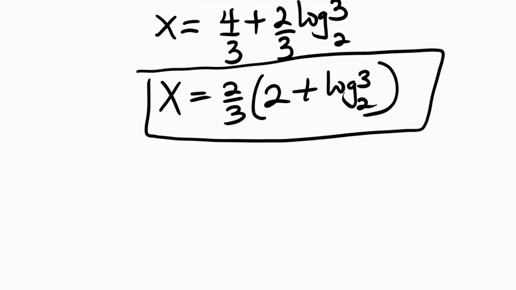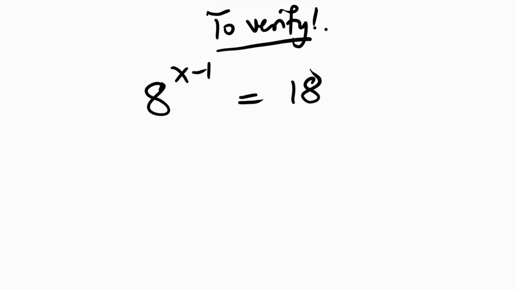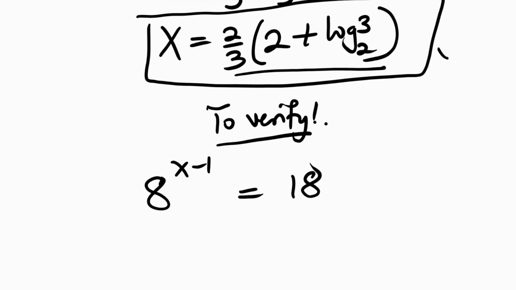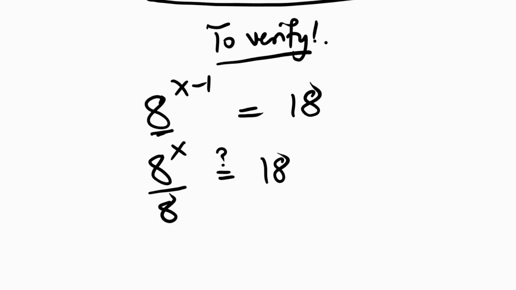So let's go ahead and verify this answer just to make sure that it's correct. To verify, our question was 8 raised to the power x minus 1 equals 18. So wherever we find x, we'll put this value in there. If we rewrite this, we have 8 raised to the power x over 8 equals 18.